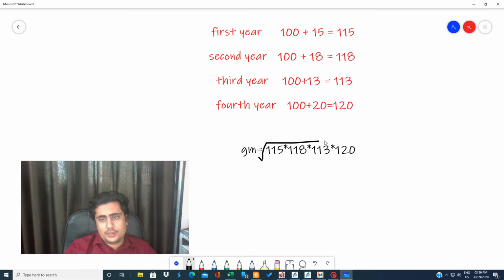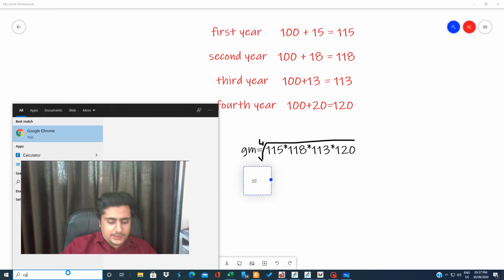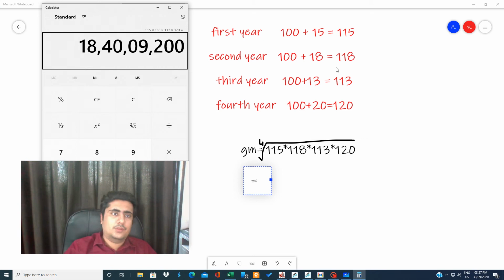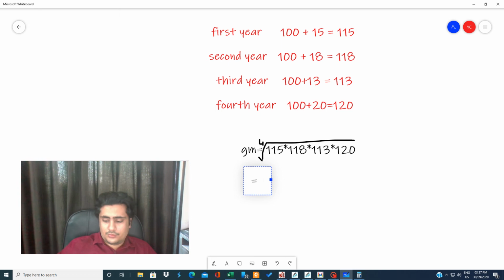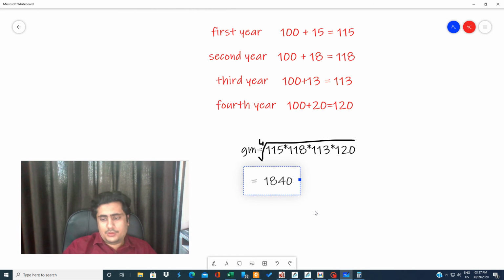There are 4 digits, so you need to find the fourth root. Now you can multiply those digits. It's 115 into 118 into 113 into 120, which is 184009200.